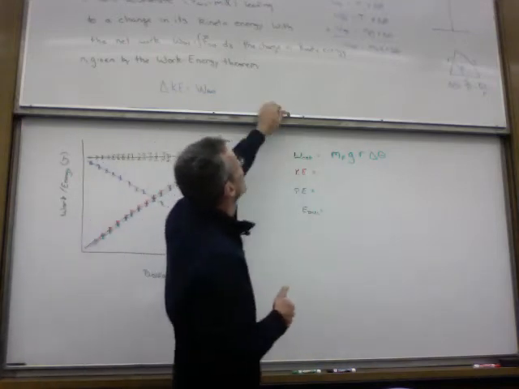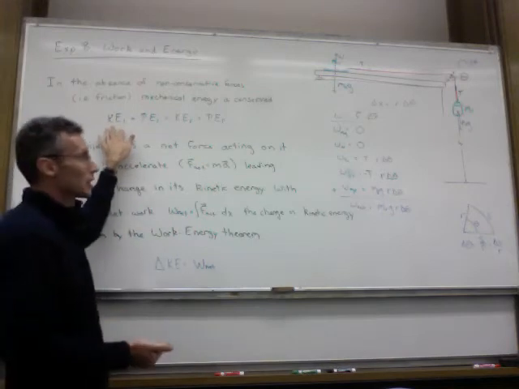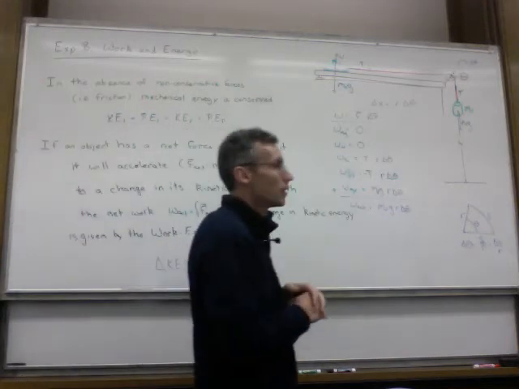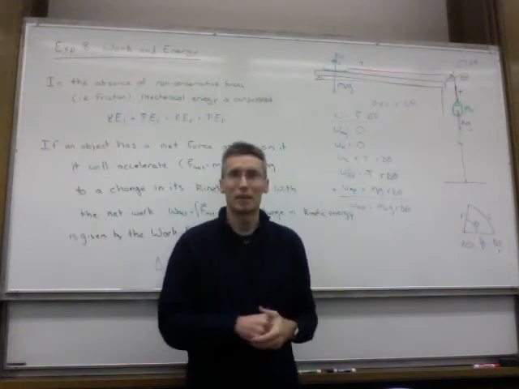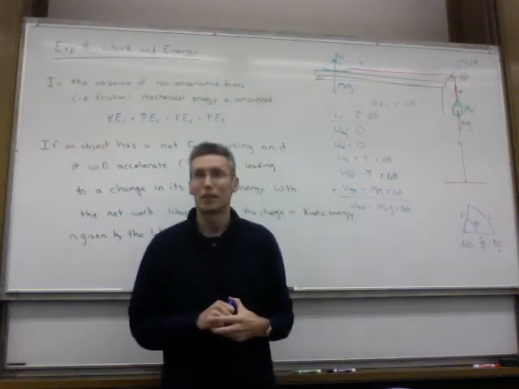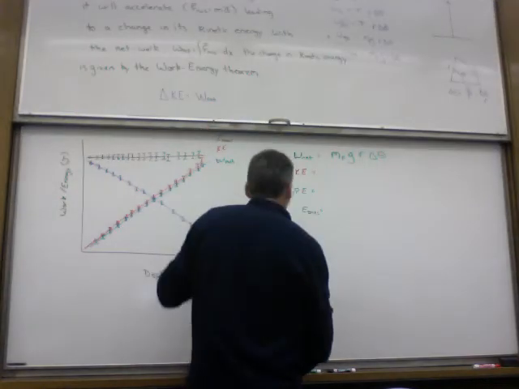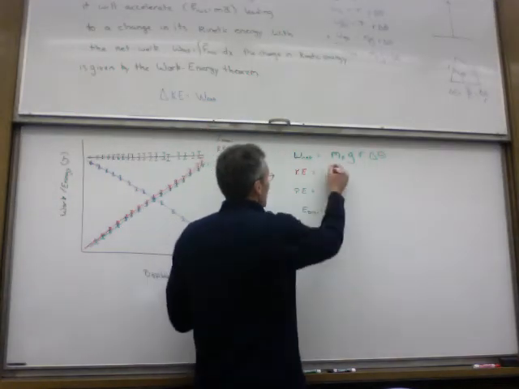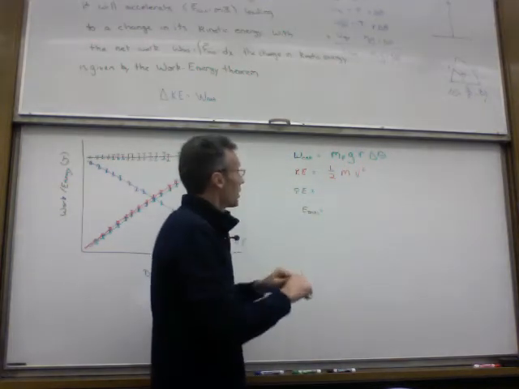How about the kinetic energy? What is the kinetic energy of the system? That's one of the things that I want to keep track of over time. What's the formula for kinetic energy of a translating object? 1/2 mv squared. Now which mass?